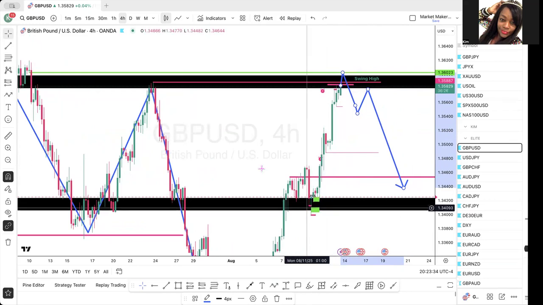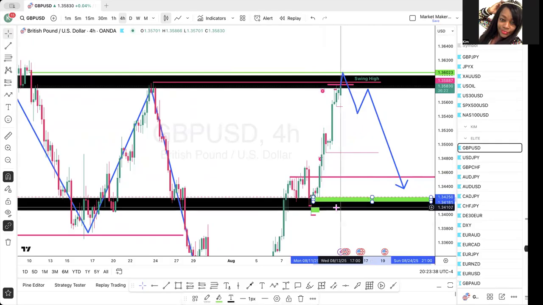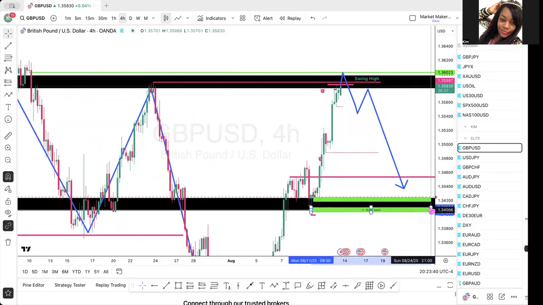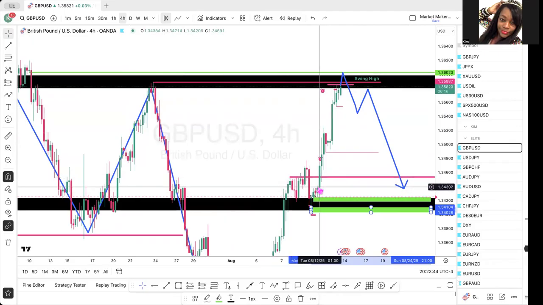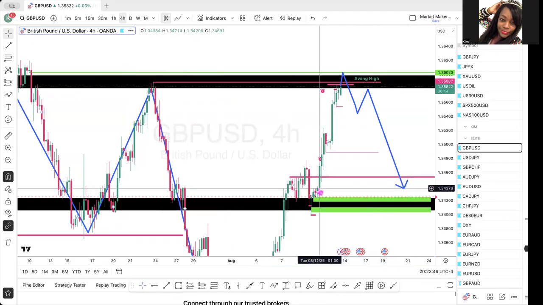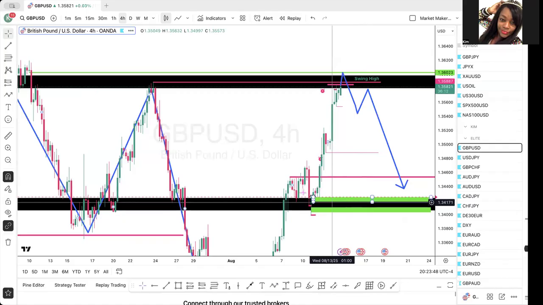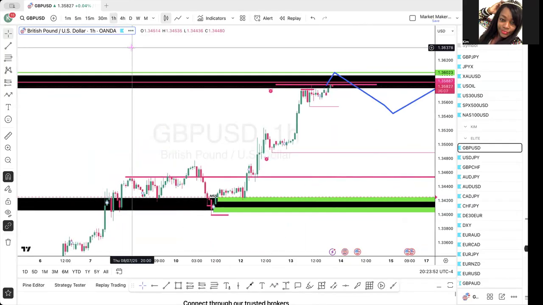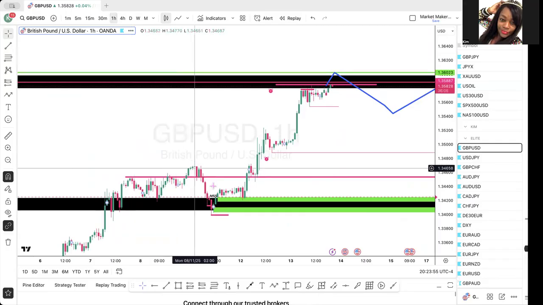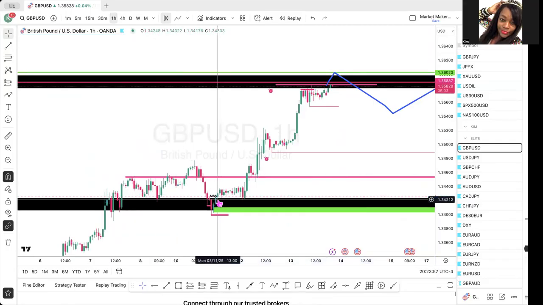Or when I went down to the 15-minute, one of these two green zones right here that I had marked up. But I would take my profit right here, because this one was already mitigated, so I really don't need that.